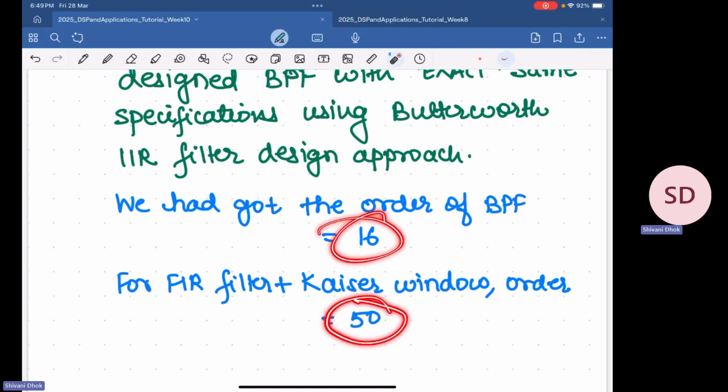So if you observe carefully, this is almost 3 times the order of our IIR filter.